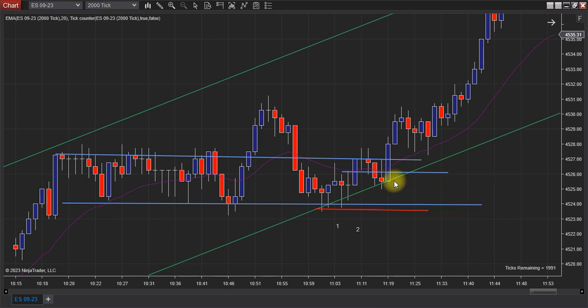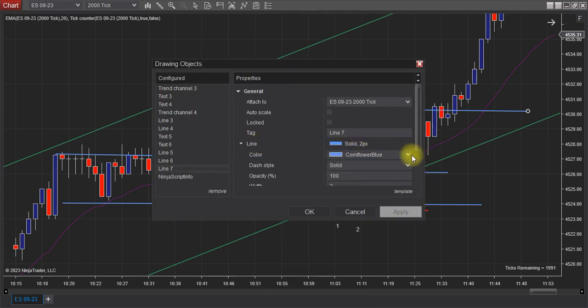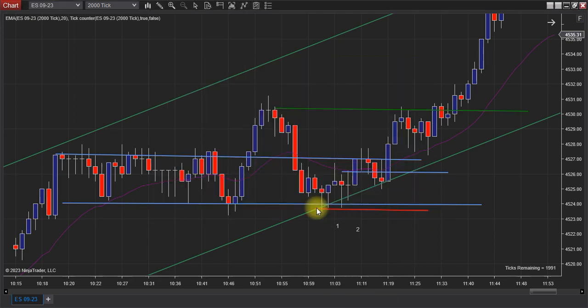And keep it blue. So our position is here. Where is our take profit? Take profit is up here. We'll make it green for take profit because it makes you feel good inside, right? We like to take profits. Okay, that's our take profit.